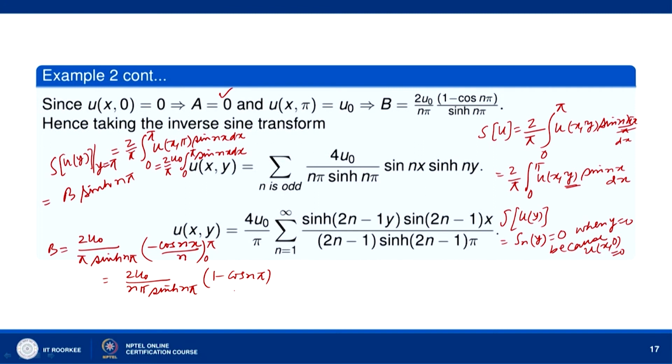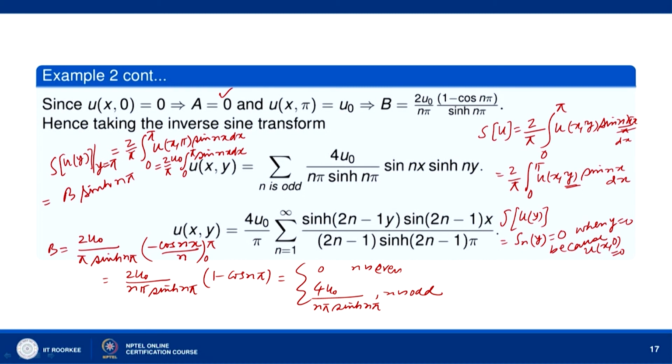So, this will be 0 when n is even, because cos n pi will be 1, and this will be 4 u naught upon n pi sinh(n pi) when n is odd, because cos n pi will be minus 1. So, you replace n by 2n minus 1, then n will run from 1 to infinity.